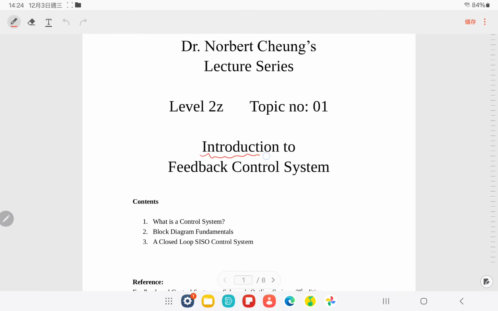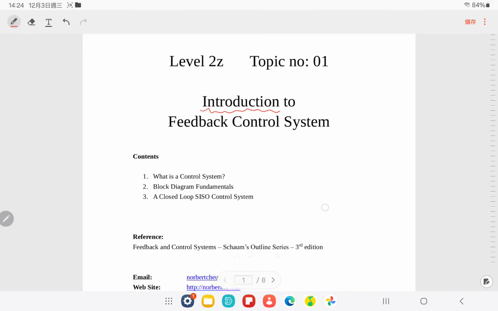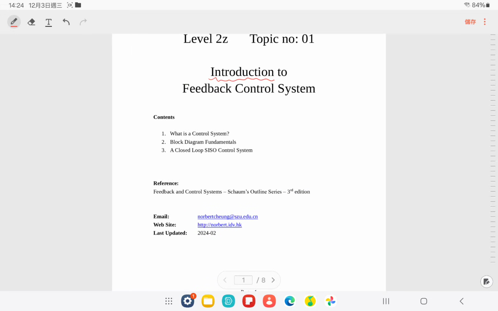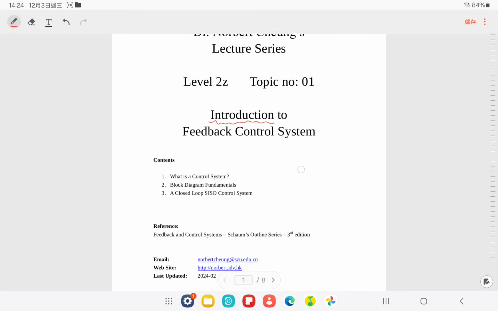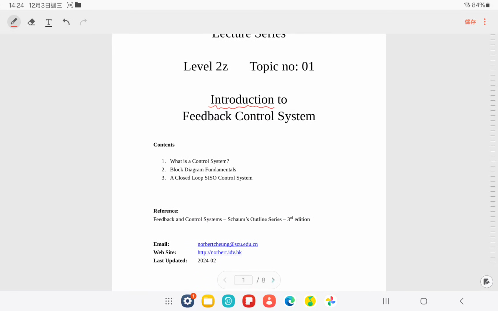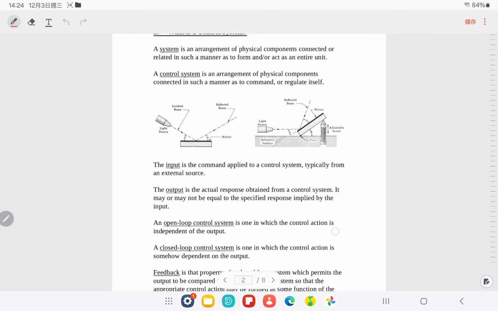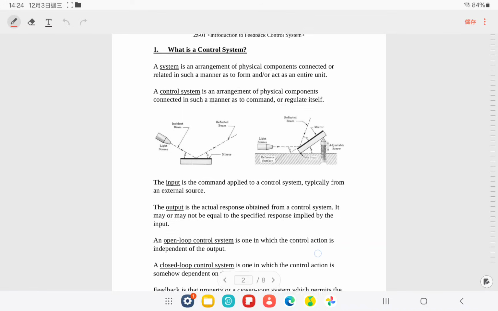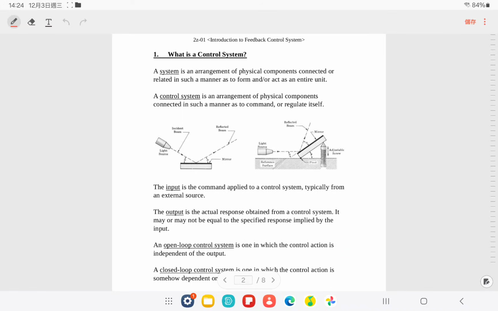When you talk about introduction, there's not much that you really need to know because it's just introduction. So when you go through these notes, I'll tell you what is important. I will not ask you what is the meaning of control system, input, output, closed loop, open loop.